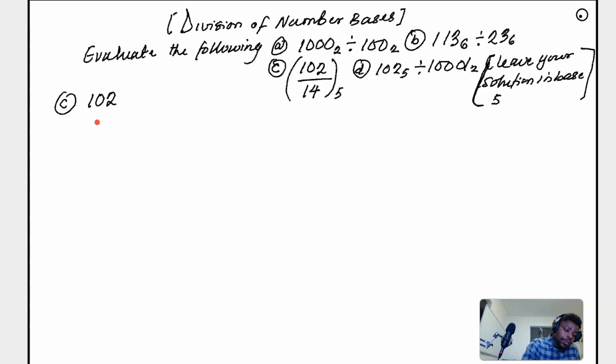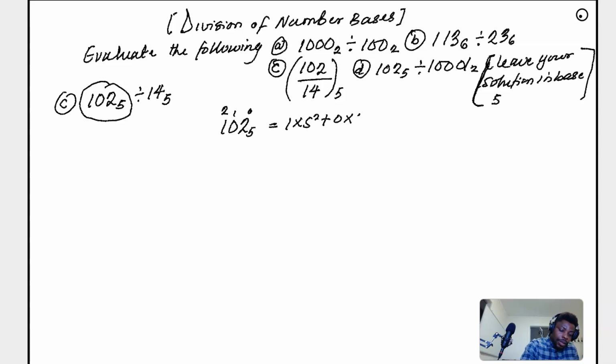102 in base 5 divided by 14 in base 5. So convert to base 10 first. 102 base 5, 0, 1, 2. 1 times 5 raised by 2 plus 0 times 5 raised by 1 plus 2 times 5 raised by 0.